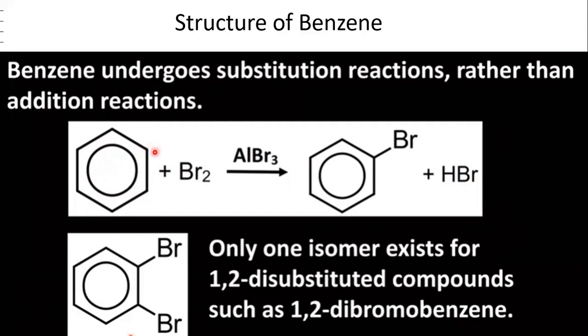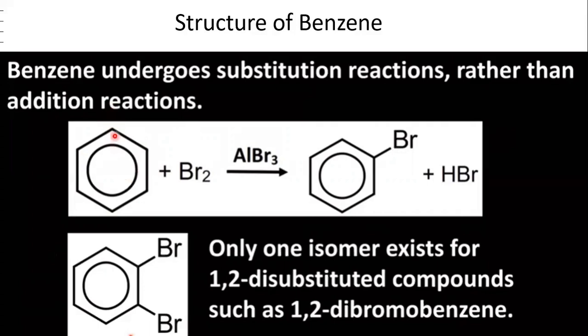So normally substitution takes place because on every carbon atom a single hydrogen atom is present, and if we go for an addition reaction, the molecule or the atom will get added to the benzene. But if we go for substitution, the hydrogen atom present on every carbon atom gets substituted with a different molecule or a different single atom, to give the benzene ring with that atom substituted.